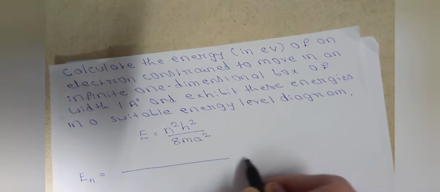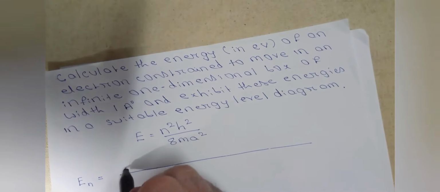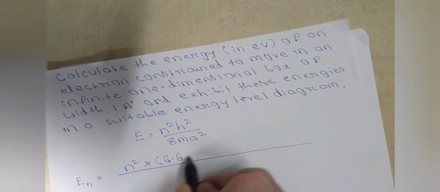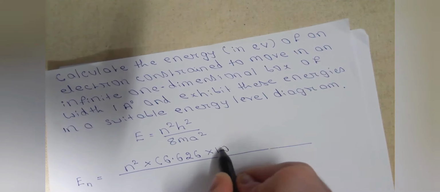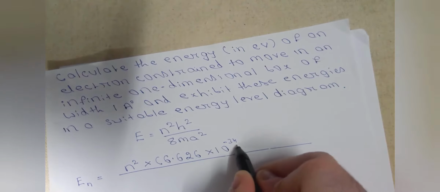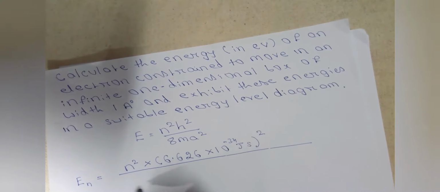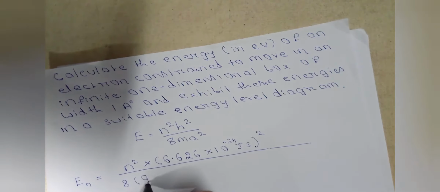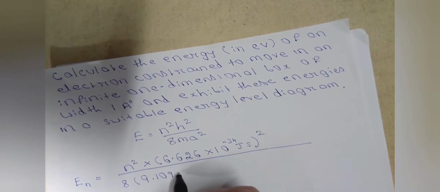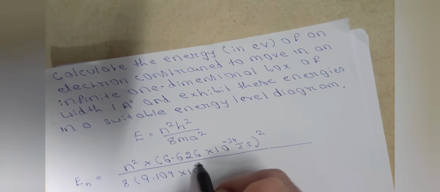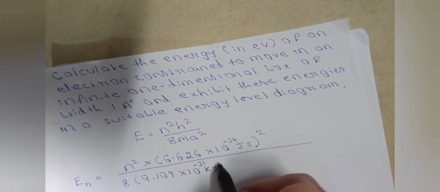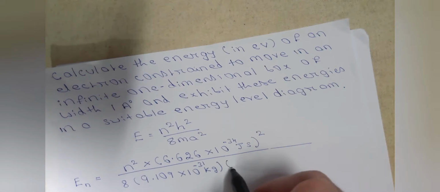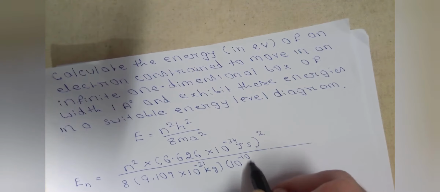So En is equal to, here we will keep n square as such, into h, Planck's constant, which is 6.626 into 10 to the power of minus 34 joule second, whole square, divided by 8 into the mass of electron, 9.109 into 10 to the power of minus 31 kg, into 10 to the power of minus 10 meter square.